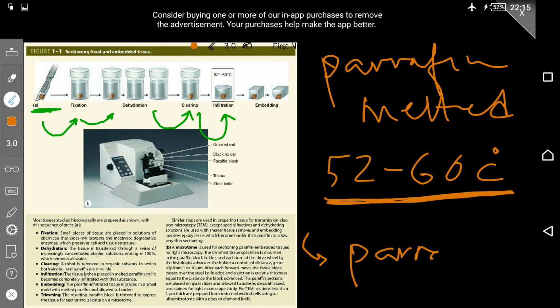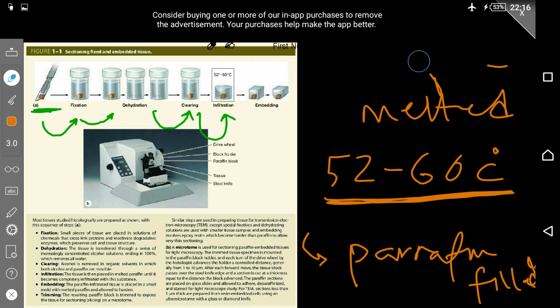The tissue will have paraffin filling it completely. So the tissue is completely infiltrated by paraffin, or by liquid paraffin, or by melted paraffin at the end of the infiltration stage. Next, the preparation is not finished.